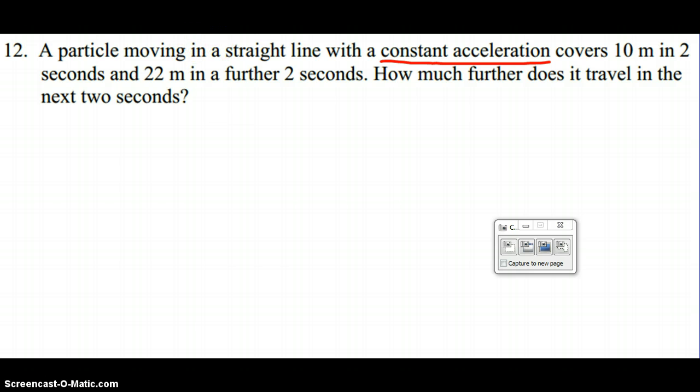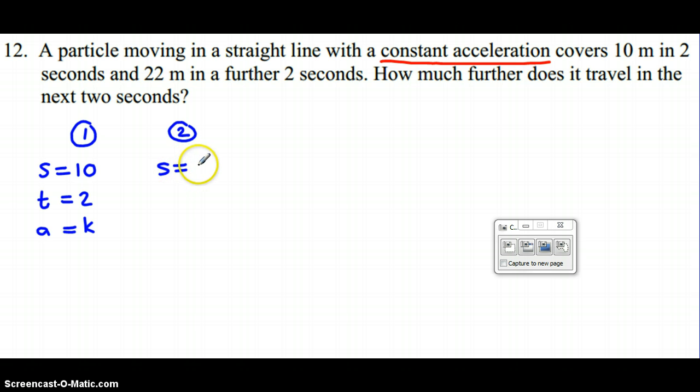And we've basically got three situations. First of all, a distance of 10 meters is covered in 2 seconds, and all we know about the acceleration is it's constant. We then find out that after another 2 seconds it's gone 22 meters.